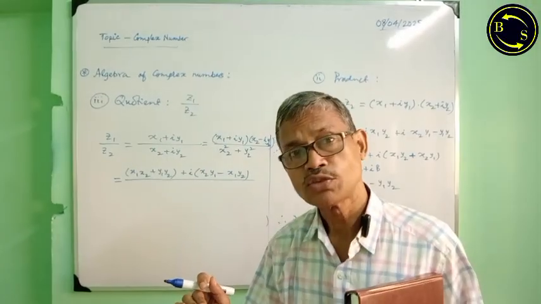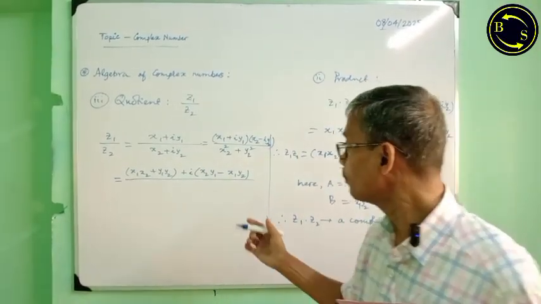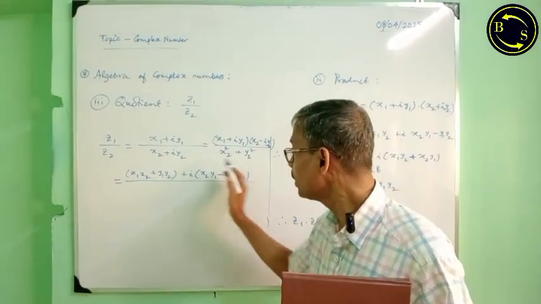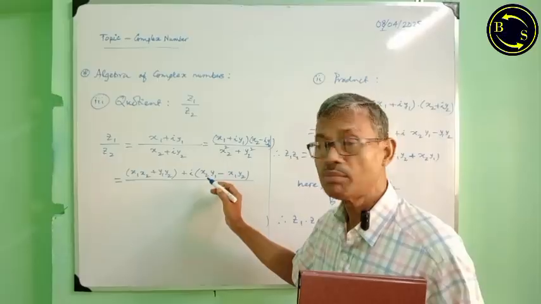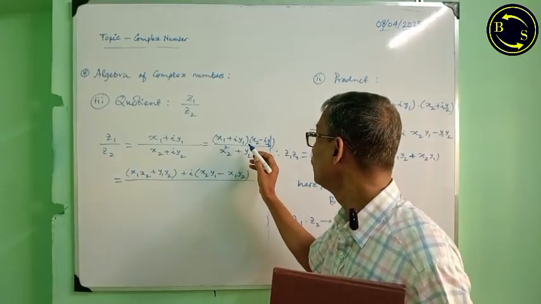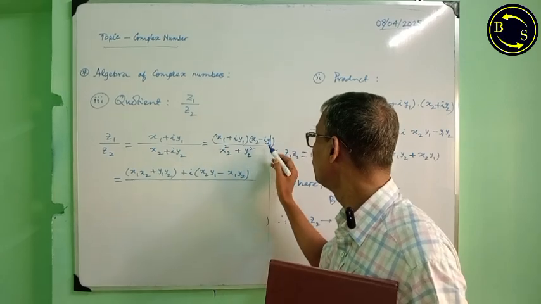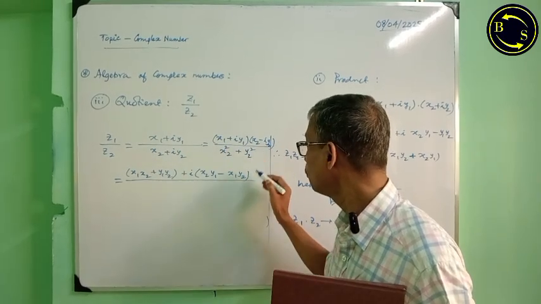Since minus i square equals 1, finally that will be y1 y2. Then I have taken the imaginary part, i into x2 y1 and from it minus i into x1 y2.